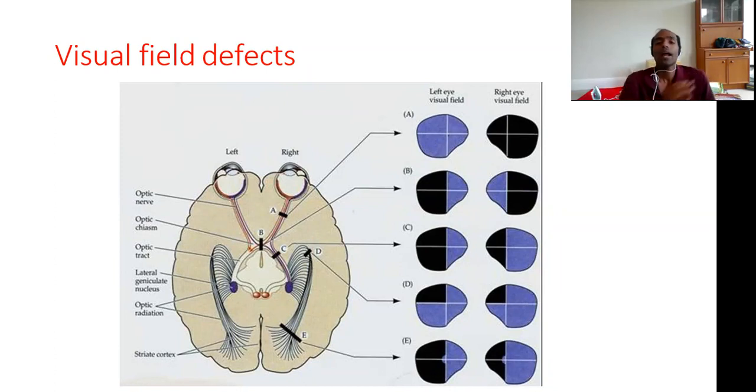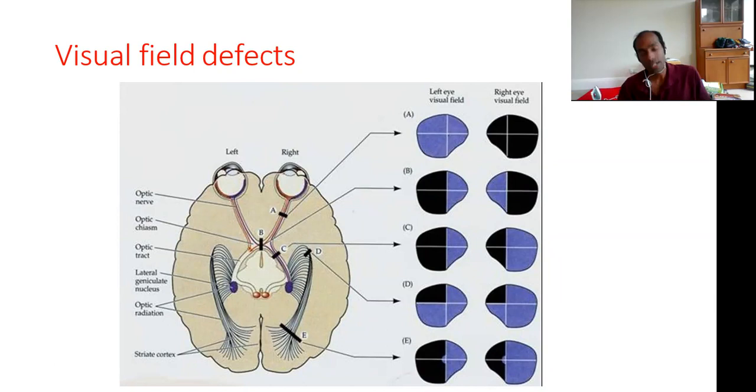If you take the occipital cortex or the occipital lobe, there are two types of lesions. Number one, a vascular lesion or an infarction of the occipital cortex. The other one is a destructive process in the occipital cortex, like a tumor, for example. A tumor, a destructive lesion in the occipital cortex.